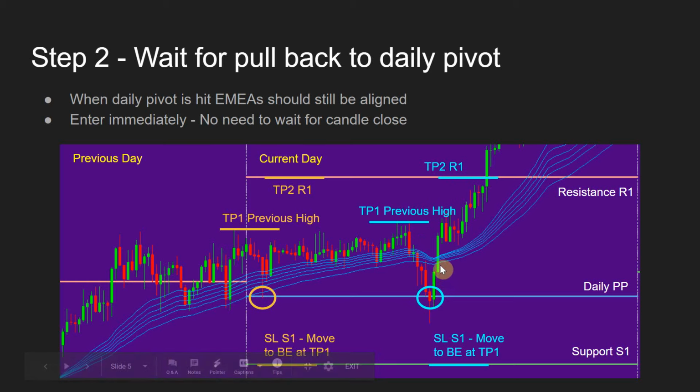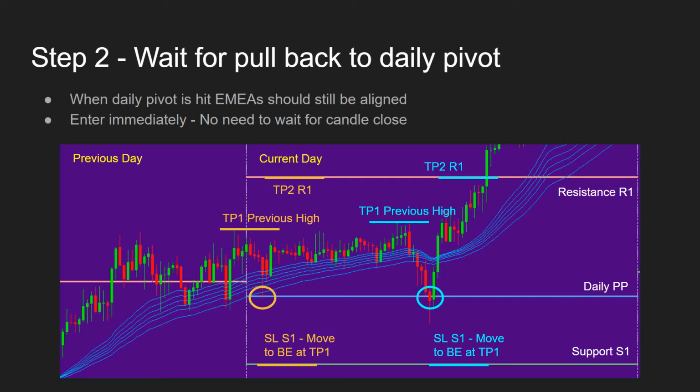So as you can see, pretty much straight away we hit TP1, we move the stop loss to break even at the daily pivot, and then price continues to run on and hit TP2. So the first trade was a break-even trade, and the second trade was a winner.